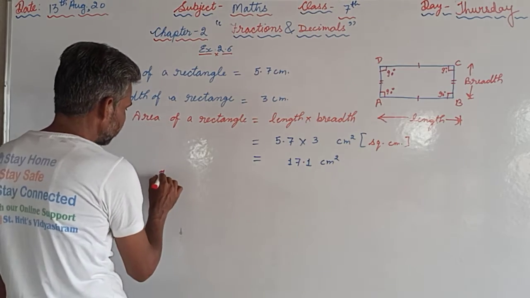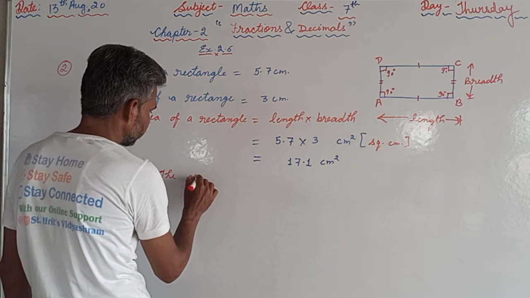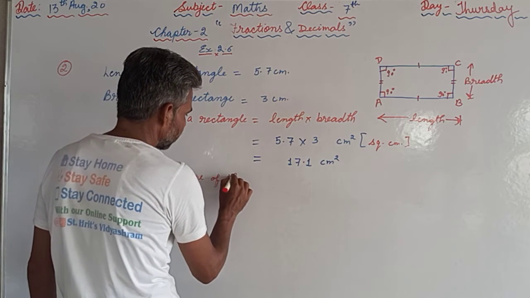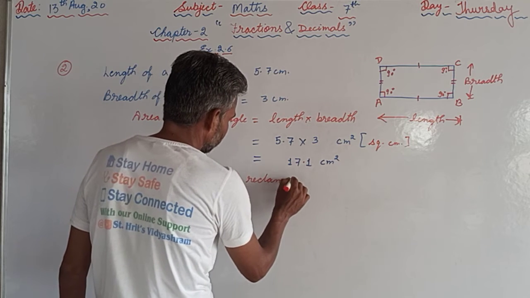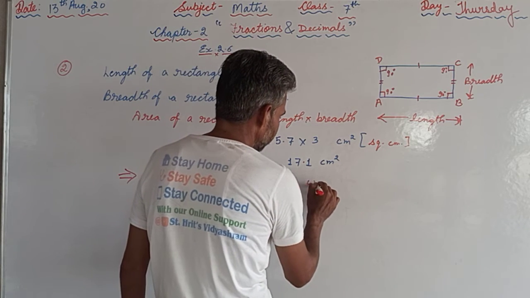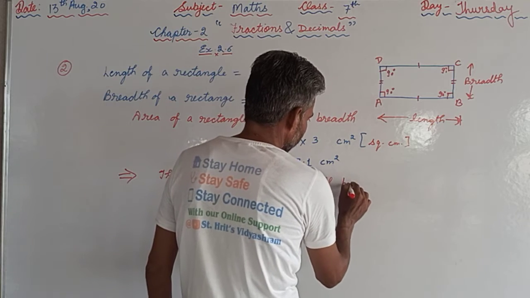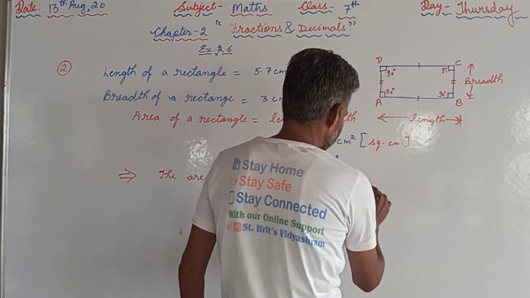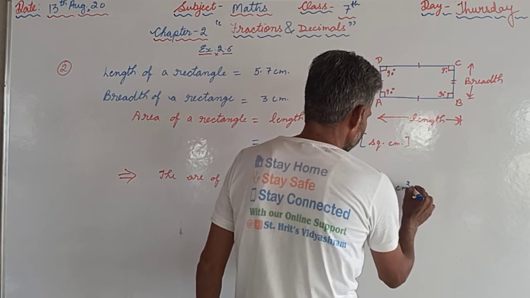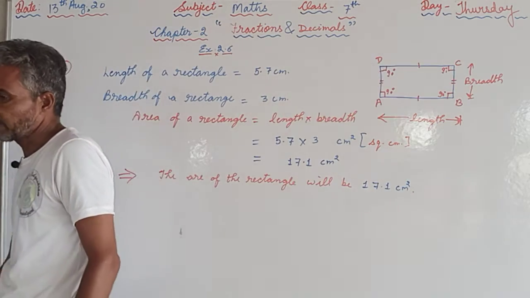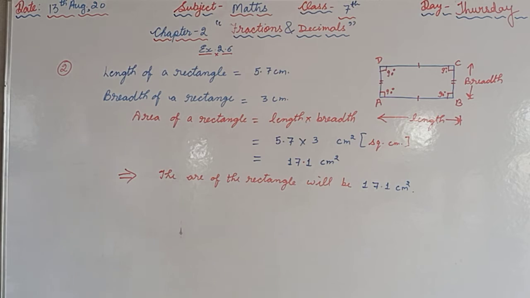So the area of the rectangle will be 17.1 centimeter square.